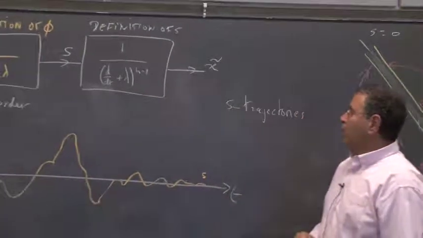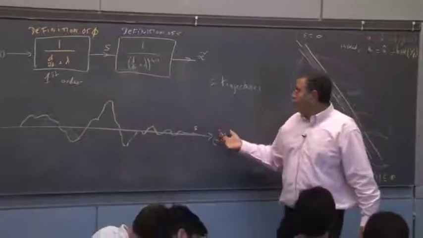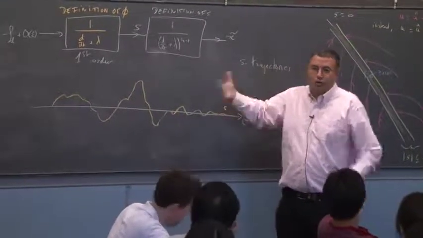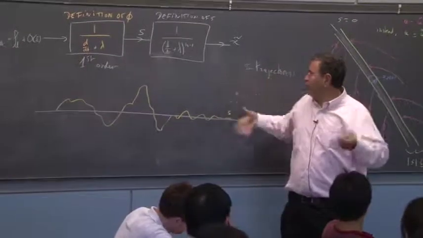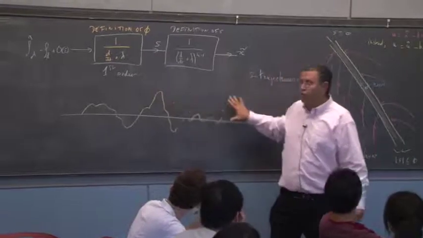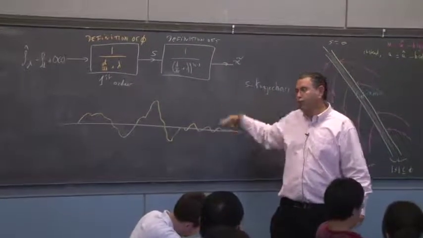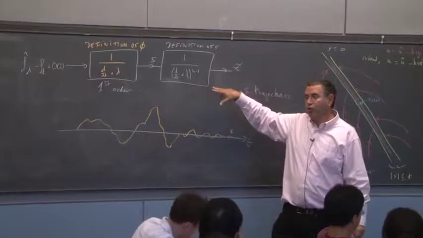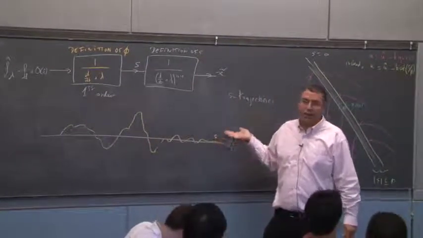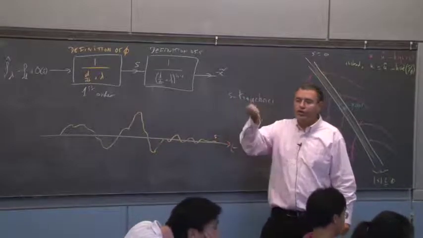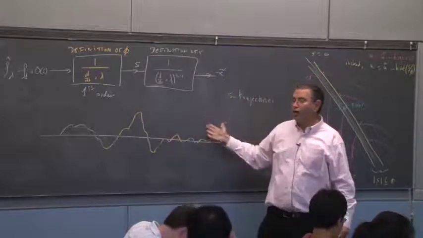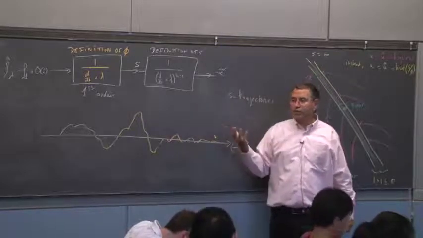So if you assume lambda is big enough, so that the bandwidth, the reactions of the system, are reasonably fast, then you know that the error is going to look pretty much like this, more filtered and divided by lambda to the n minus 1. So in other words, by looking at S, you're also looking, in a sense, at x tilde. Not exactly at x tilde, but in terms of range and amplitude and so on, you know reasonably well how to relate S and x tilde.